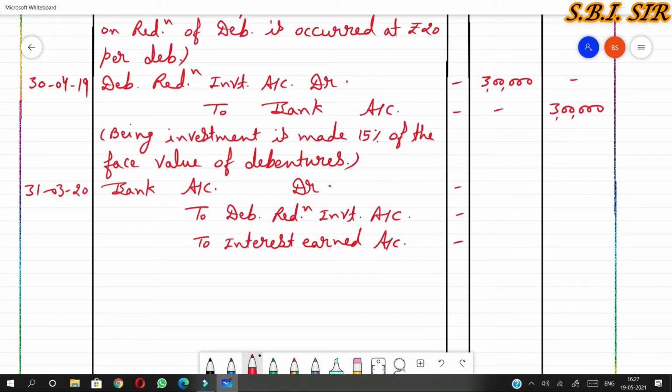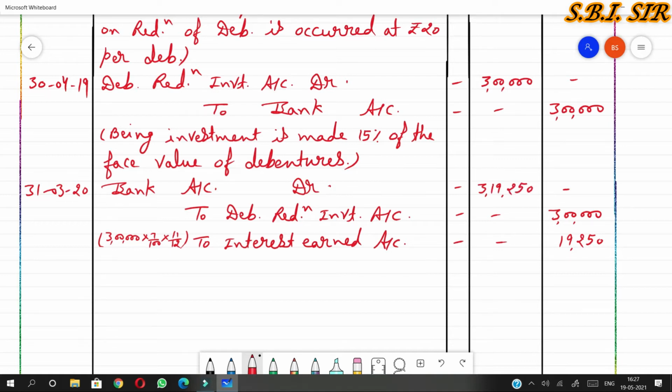Then the value of investments is 3 lakh. Then we have to calculate interest on 3 lakh at 7%, means 7 upon 100, and for 11 months 11 upon 12. Then 3 lakh multiplied by 7% multiplied by 11 divided by 12. The amount will be 19,250, and total amount will be transferred to bank account, 3,19,250.